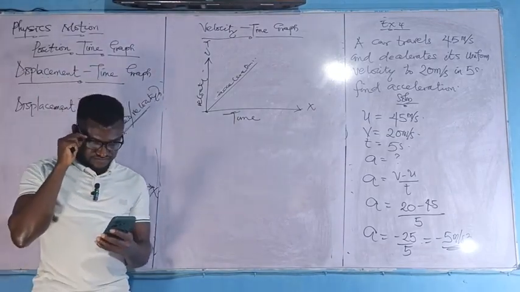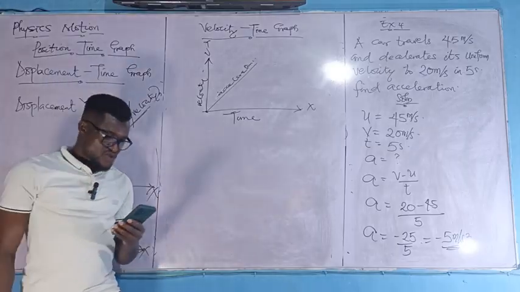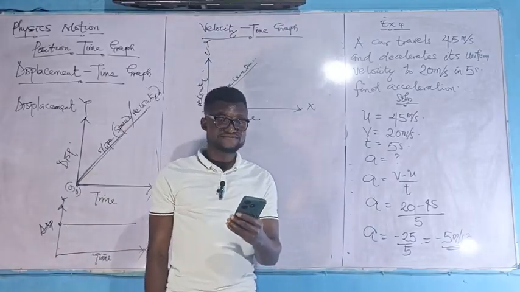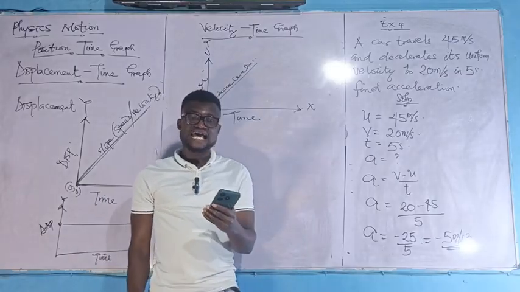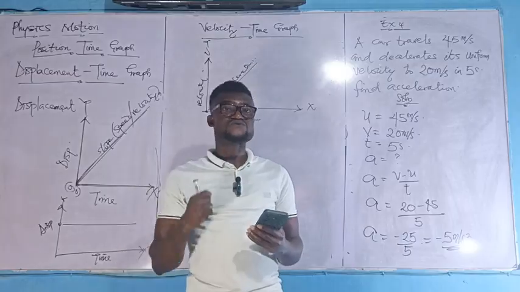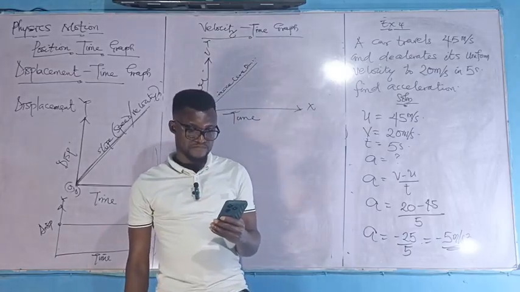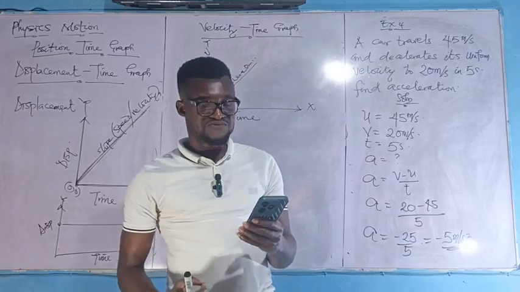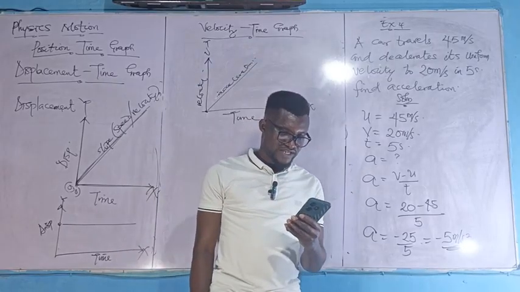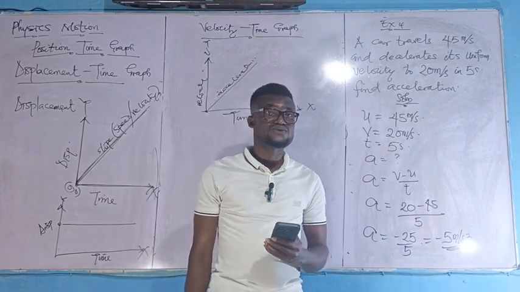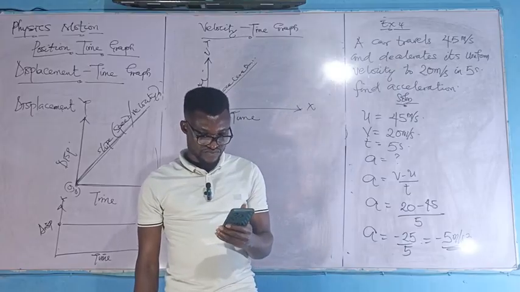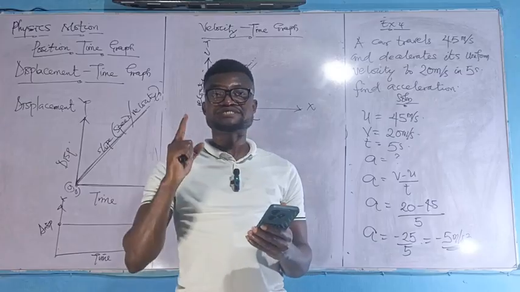Now write down this. Consider a body that starts moving from rest and accelerates uniformly with a velocity v after a time t1.